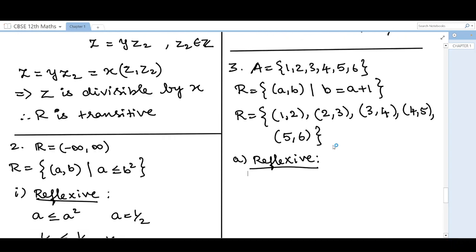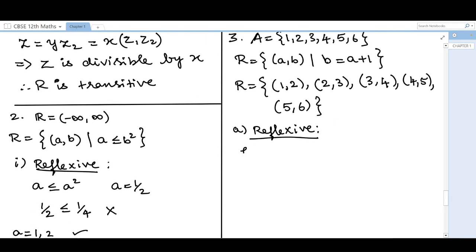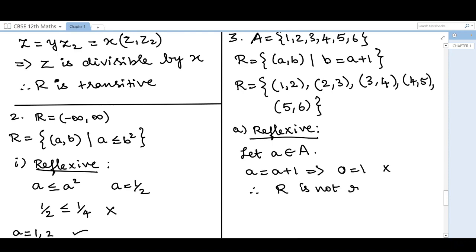We can also prove this such that if you take an element A from the set capital A, then what we have to prove is A equal to A plus 1. This implies 0 equal to 1, which is not true. Therefore, the set R is not reflexive.